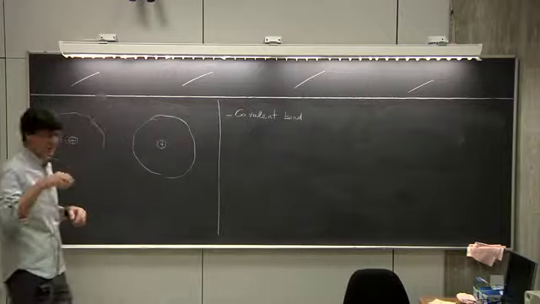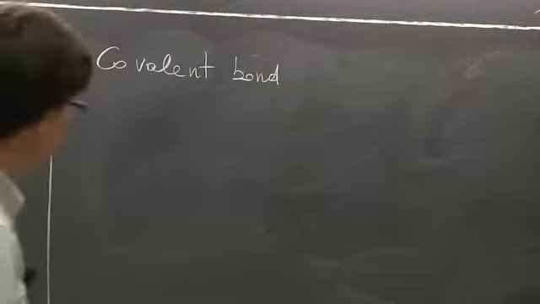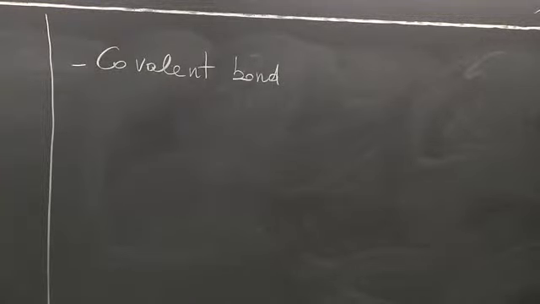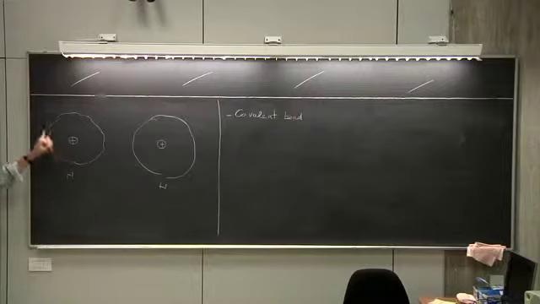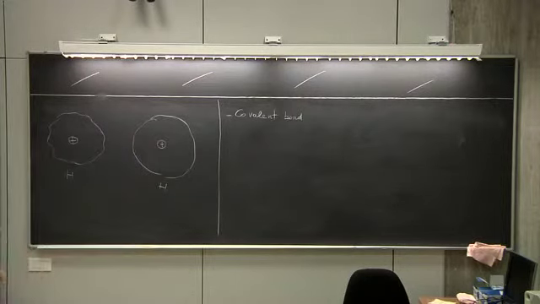We are going to discuss this in quite some detail next time, but let me just describe it very qualitatively at this stage. A covalent bond typically takes place between atoms that are very similar. If the two atoms are identical, for example, take two hydrogen atoms, single proton, single electron, single proton, single electron on the other side.